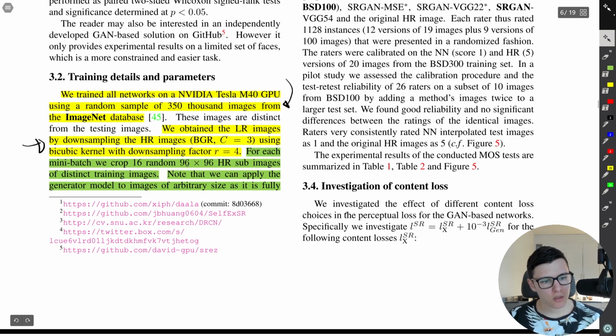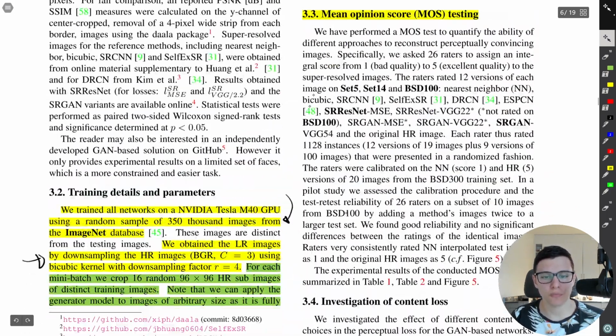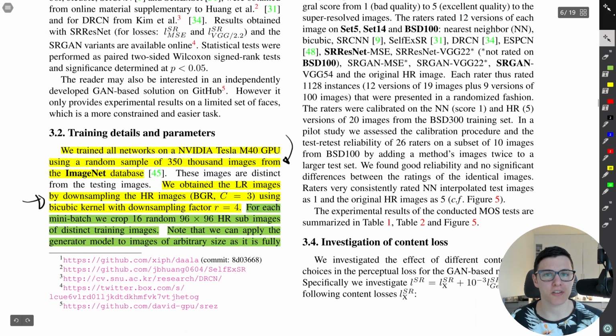So what they do specifically is that for each mini batch, they crop 16 random 96 by 96 high quality images. And this is important. Note that we can apply the generated model to images of arbitrary size as it is fully convolutional. So this is extremely interesting, right?